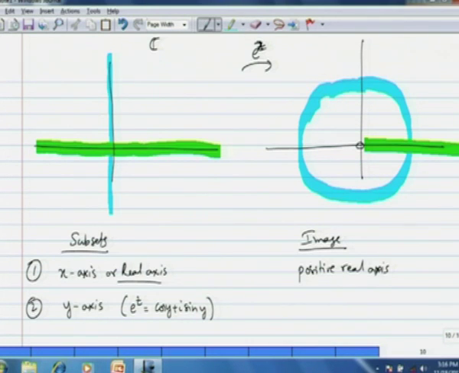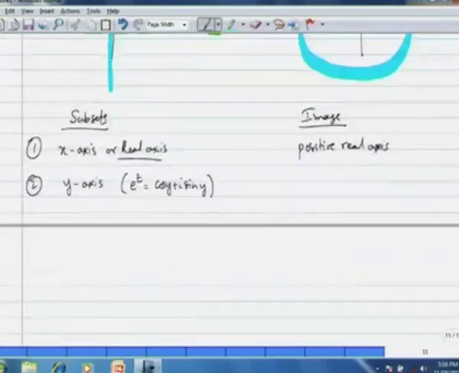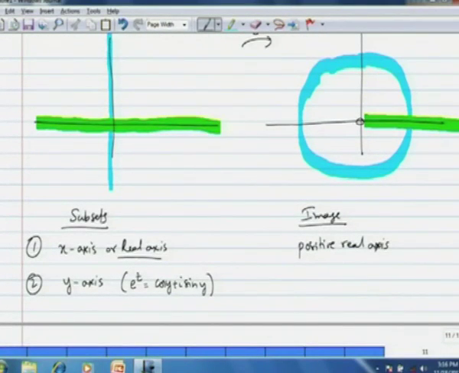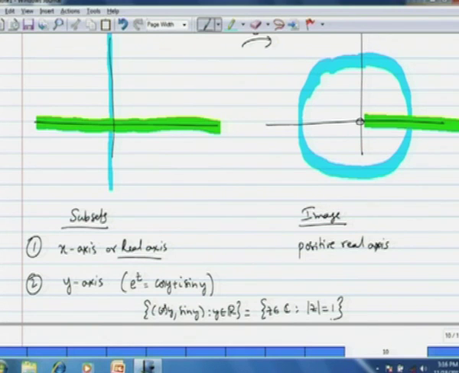Okay. So, that is because the points (cosine y, sin y), the set of all (cosine y, sin y) such that y belongs to R, is essentially equal to the set of all z belonging to the complex plane with modulus of z equals 1.